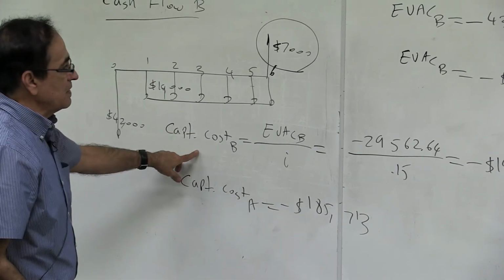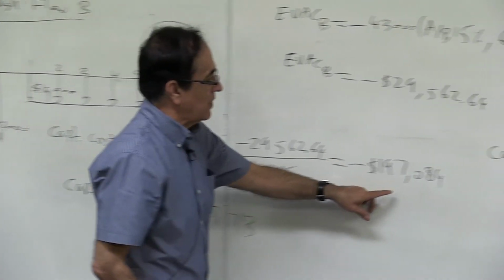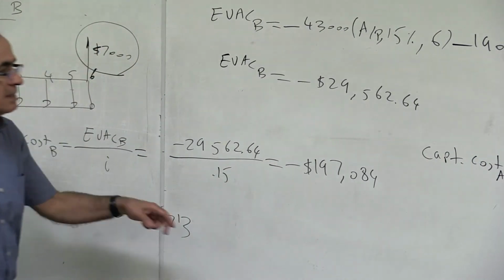And for alternative B, it's going to cost me a little more, $197,000. So obviously A is lower, and we're going to select alternative A.